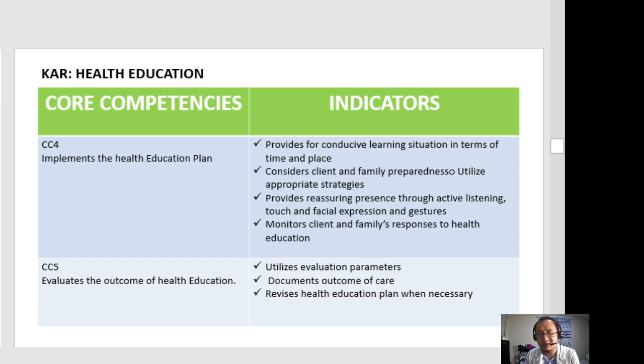And one more thing in the actual health education session is you always consider, especially if the client is adult, the experience of the client. Experience, if they have already experienced the situation, the condition before.